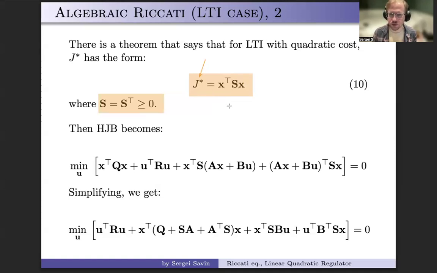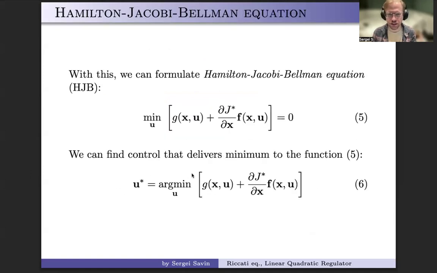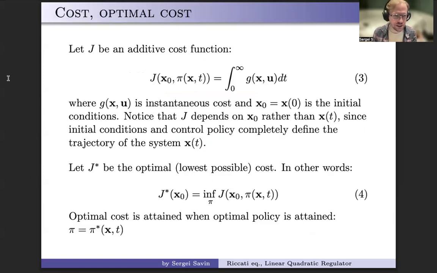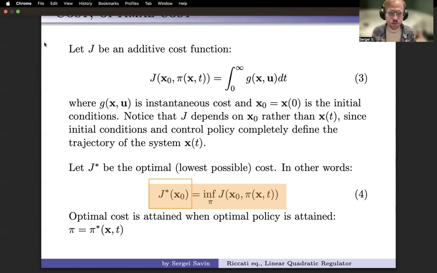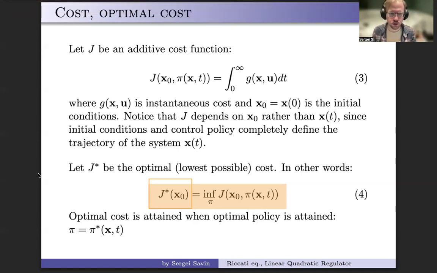So those x's you can think of as initial conditions. The theorem says that for linear systems, when you perform this operation, what you get is a quadratic form, x times a matrix times x. I'm not going to prove it, but let's assume that it is true.